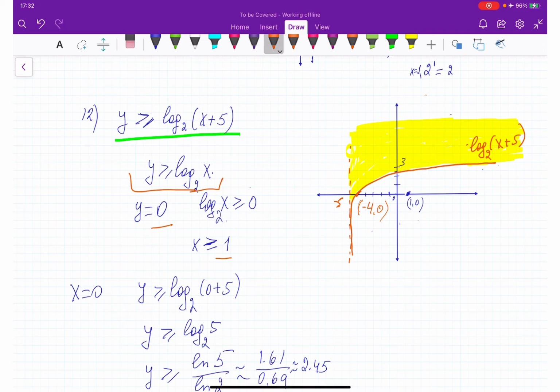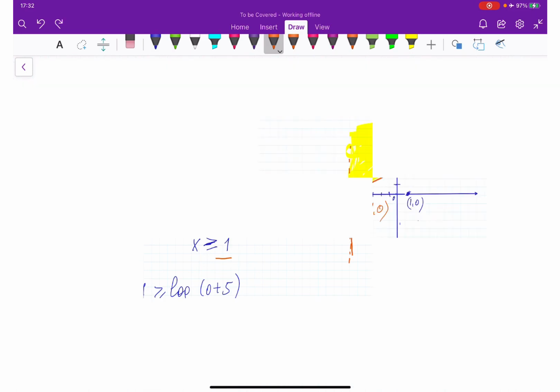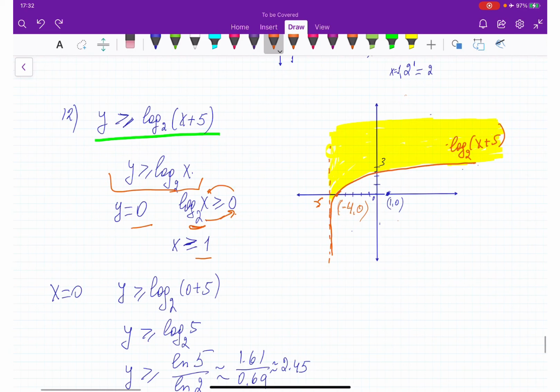Because if y is equal to 0, and I raise 2 to the power 0, I get 1. So it doesn't matter what the base is, as long as y is 0, x is going to be equal to 1. And here we have it. Okay, so y equals log x by base 2 is going to go like that.